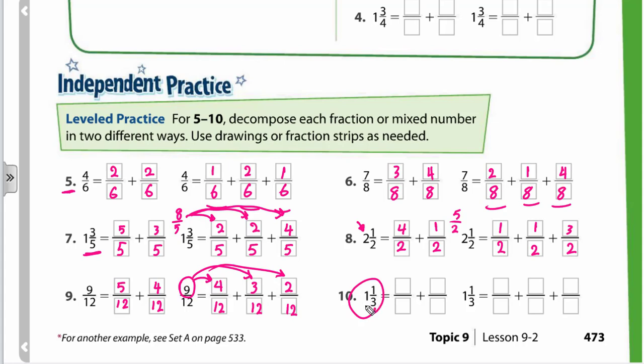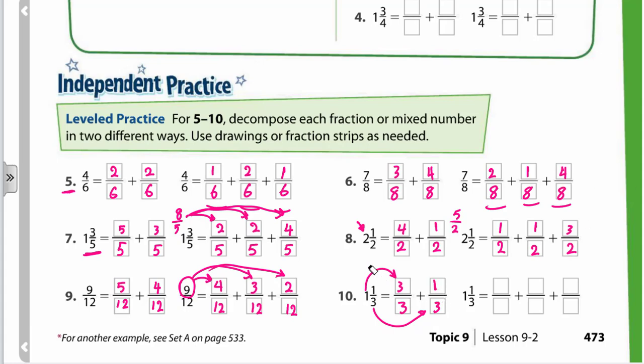Okay, how many thirds in whole 1? 3/3, of course. So I will write here 3/3 for this whole 1. Just I will write this third also here.